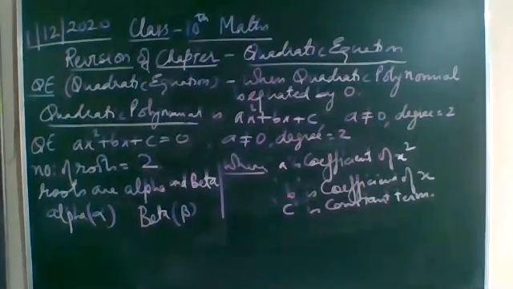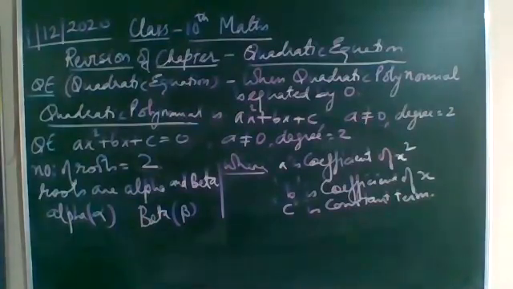Number of roots equal to 2. So this is how you have to say: quadratic polynomial ax square plus bx plus c, a not equal to 0, degree equal to 2.